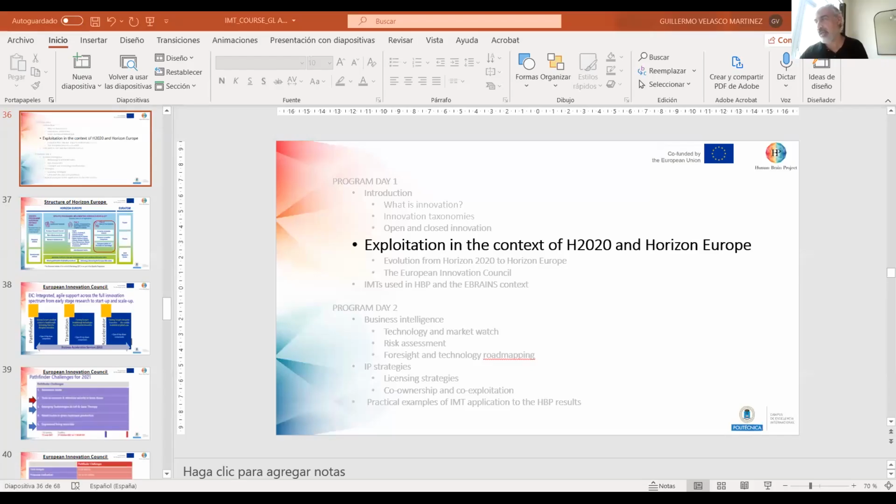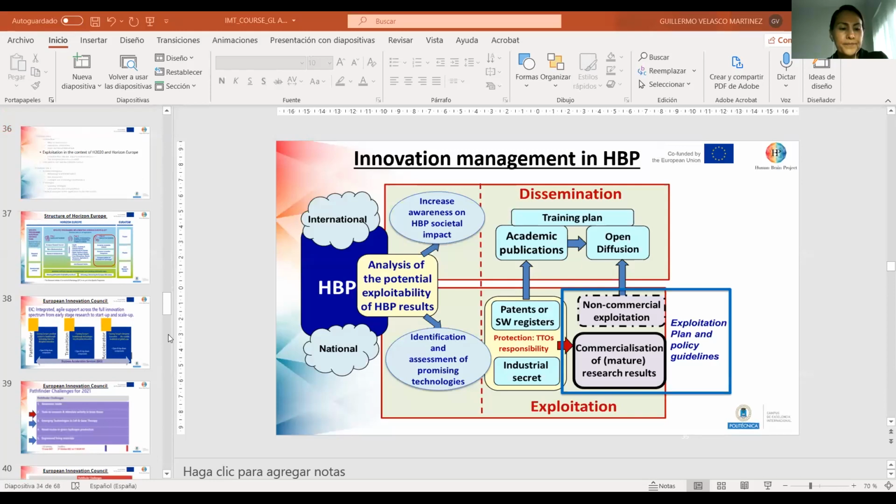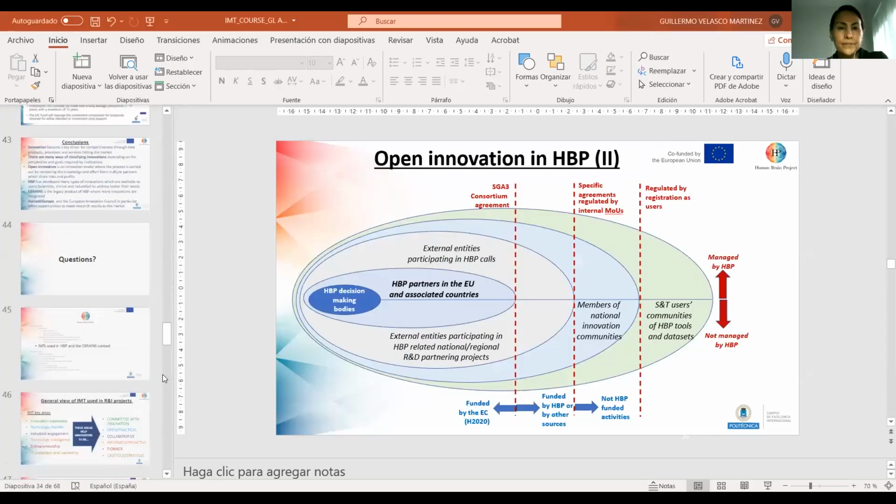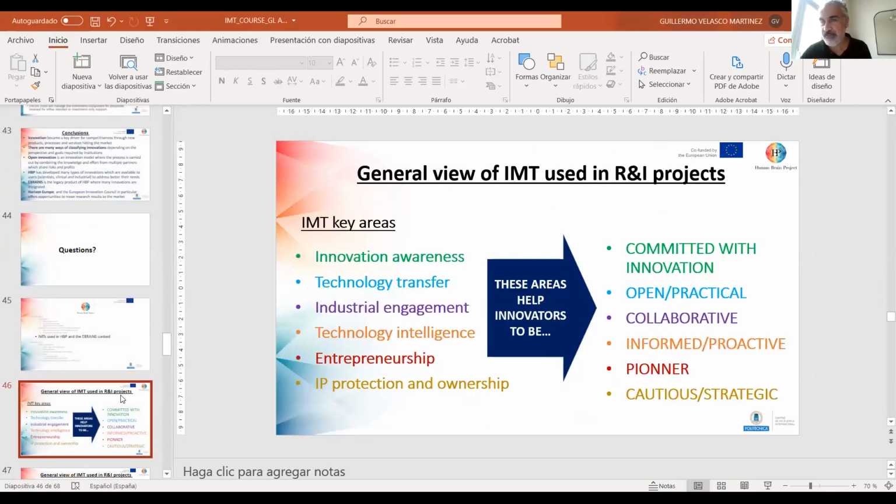Okay, can you see the slides? Yes, I can. Okay. Well, let's see, after Gonzalo's introduction, let's see how we are addressing the different aspects of innovation in HBP, more in a practical way and with specific tools with which some of you are already familiar. Well, there is... sorry?